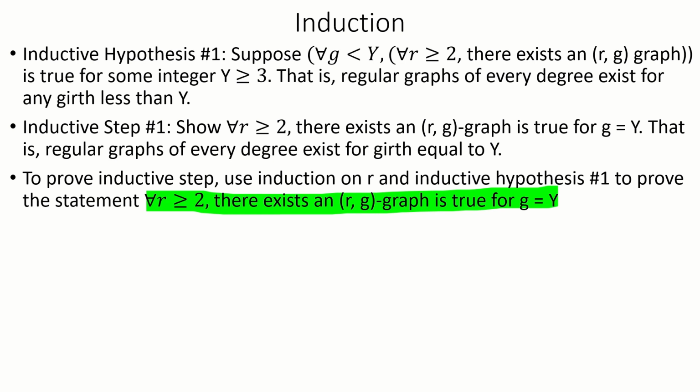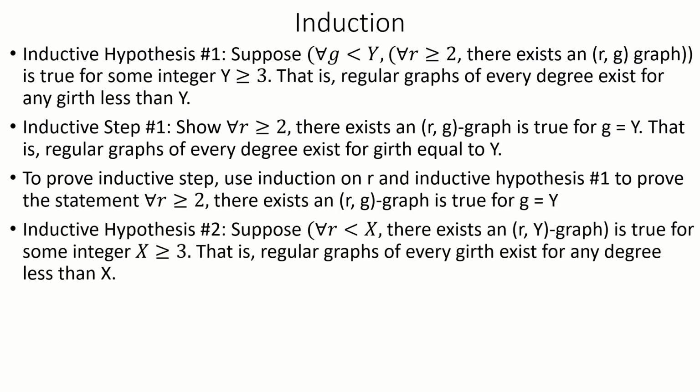Recall that base case 2 tells us the existence of the 2Y graph for all y, which is the cycle graph with y vertices. Our second inductive hypothesis is that for all R less than an integer x, which is greater than or equal to 3, the statement "there exists an RY graph" is true.